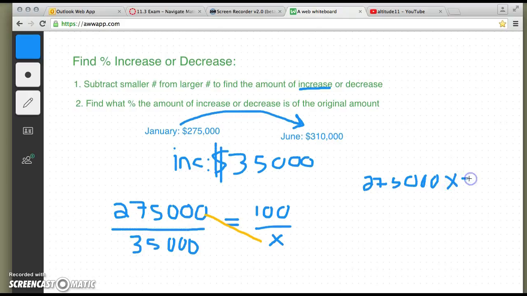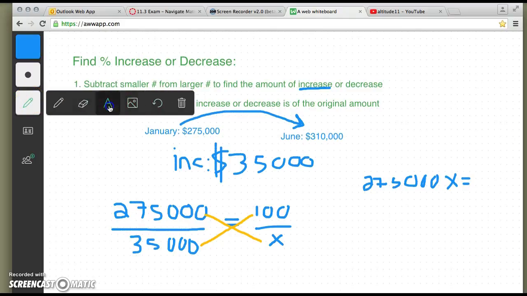And we're going to set this equal to, and of course I'm running out of room, we'll make it work. I might have to type this one in though. So we have 35,000 times 100. So basically we just have 35,000 and we add 2 zeros to it.